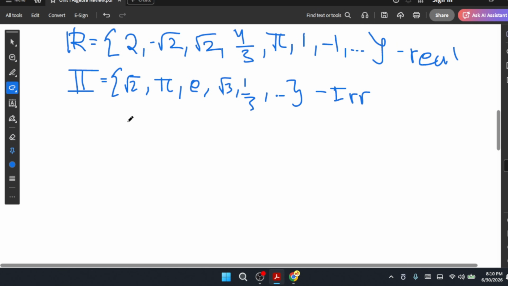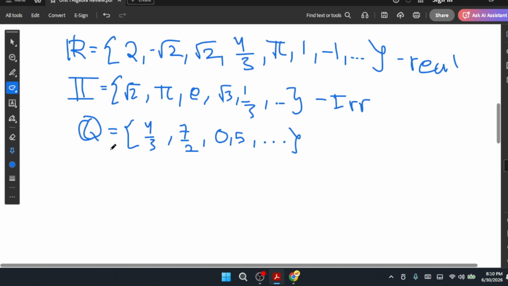And inside of the real numbers, there are also rational numbers, which is Q. Q, rational numbers, is like 4/3, 7/2, 0.5, and etc. Okay.